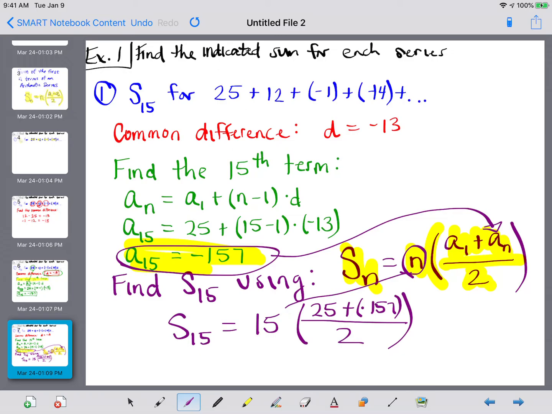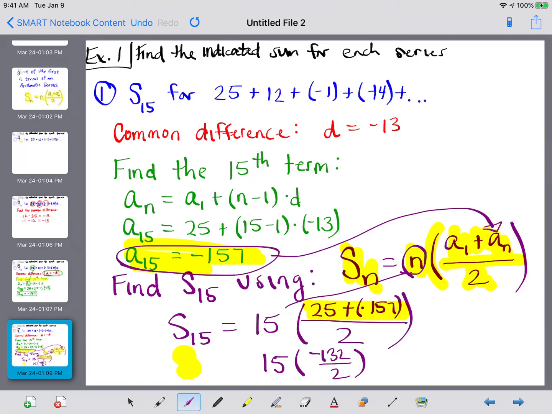Now it's very important to remember that we have to do the top addition part first. I have to do the 25 plus a negative 157. That would give us negative 132 divided by 2, and we multiply that by 15.